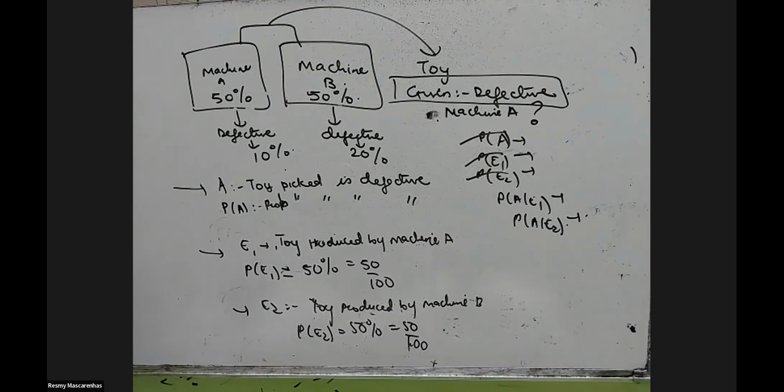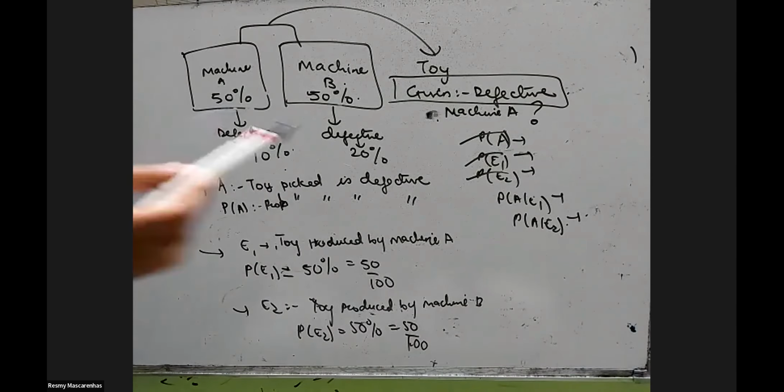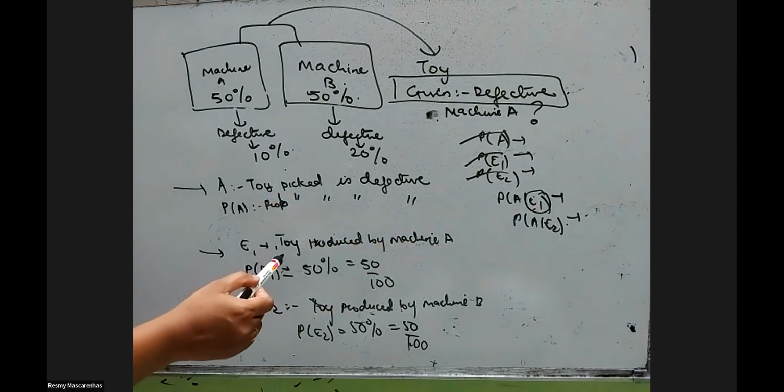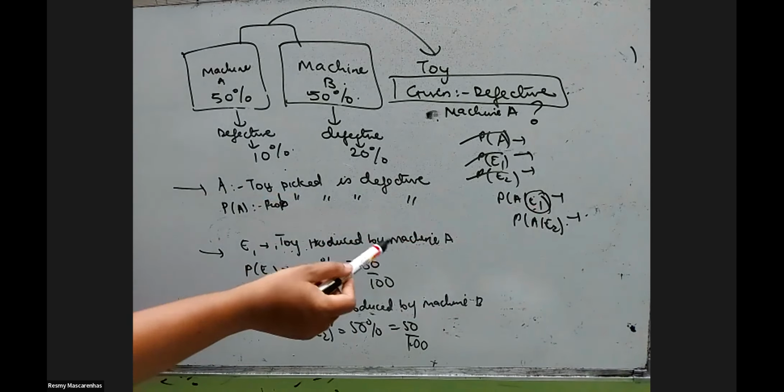Next, find P of A upon E1. Write P of A upon E1 and start reading it. You have to always read from this. Given E1 means come back and see here.